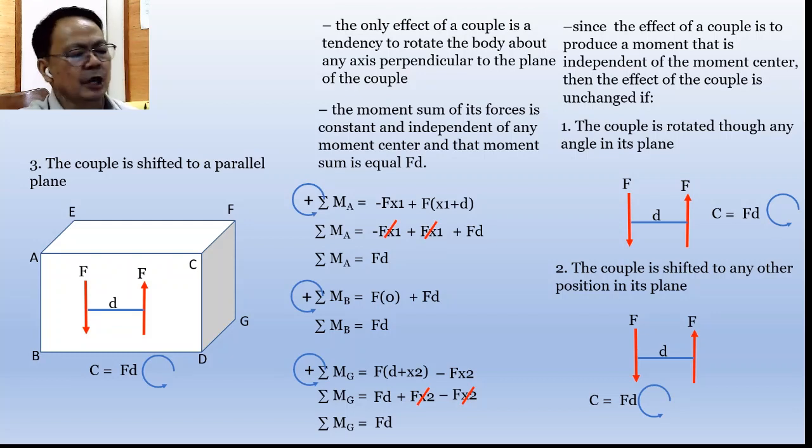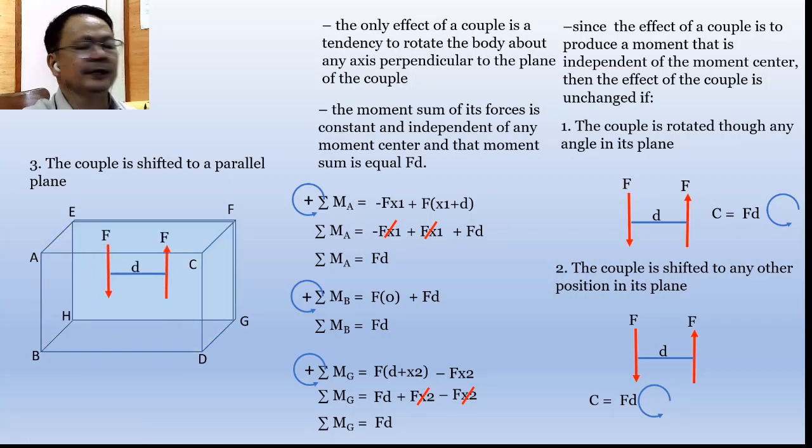Now, the question is, what will happen if this couple is shifted to another plane parallel to A, B, C, and D? And what is that plane that is parallel to A, B, C, and D? You see that this E, F, G is parallel to that plane. This means, if this couple is shifted to another plane, let's show it here.